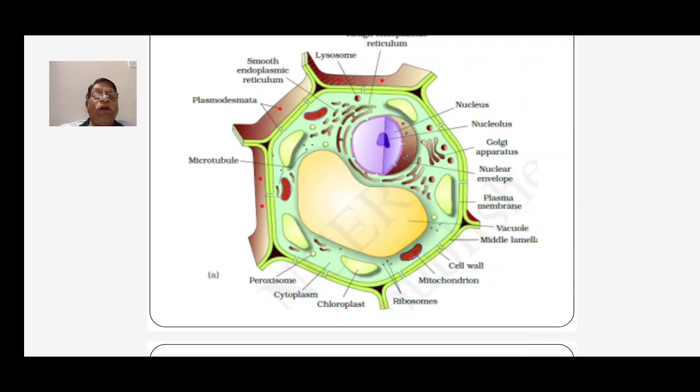Then almost at the center there is a nucleus. This nucleus, as I told you, is eukaryotic type of nucleus, the most important feature. Then you can see a very big vacuole. So that's all about the structure of plant cell under electron microscope.